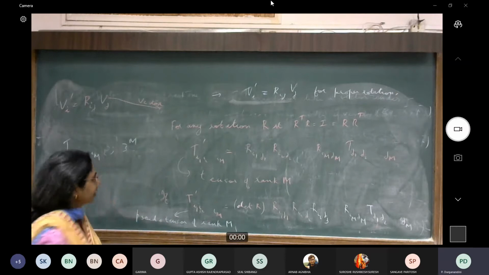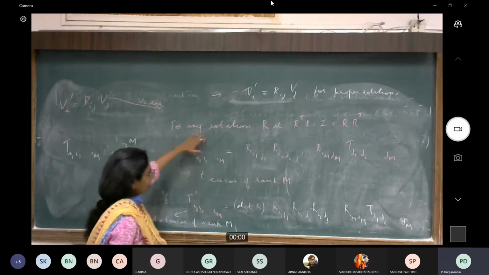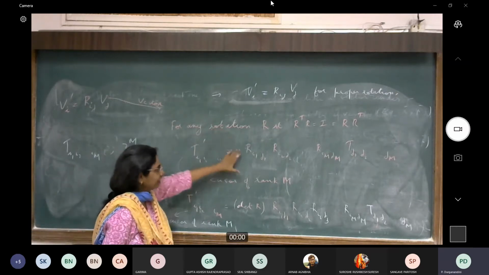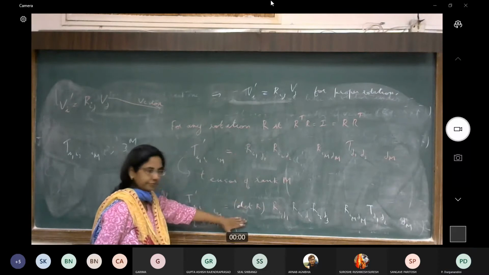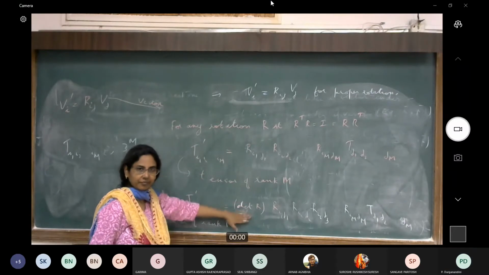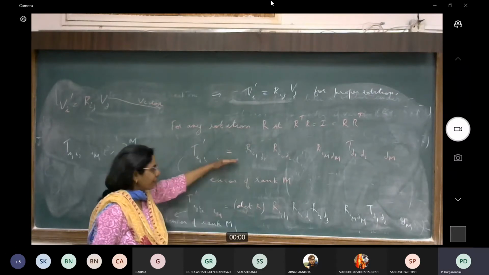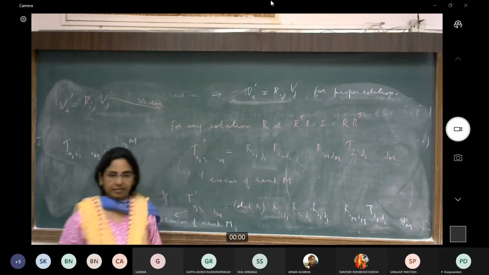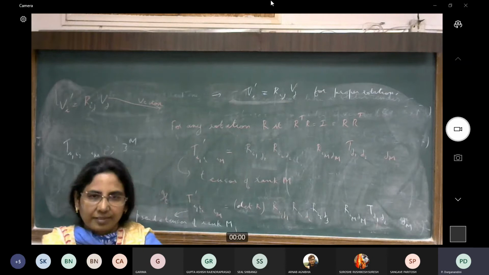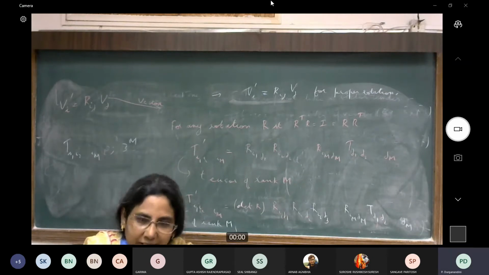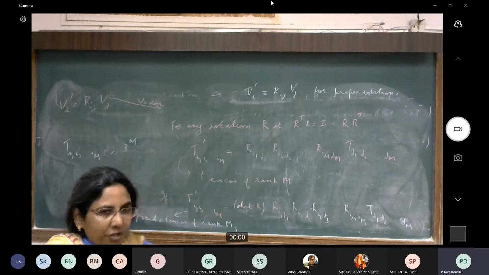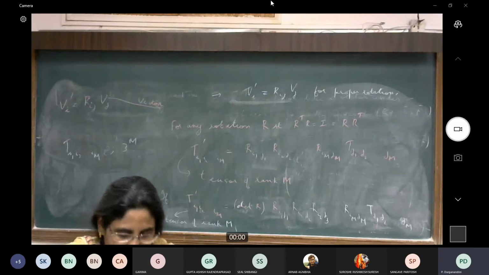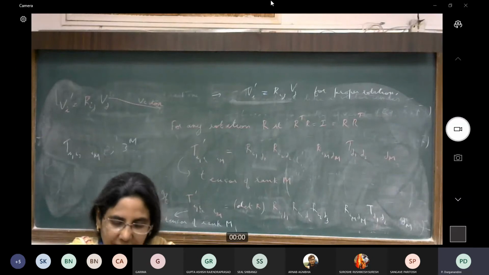If R was a proper rotation, then these two answers will be the same. For an improper rotation, you will get an additional minus sign here, which you won't get here. When I gave you this definition, I'm not restricting myself to either proper or improper rotations. Both are taken into account.